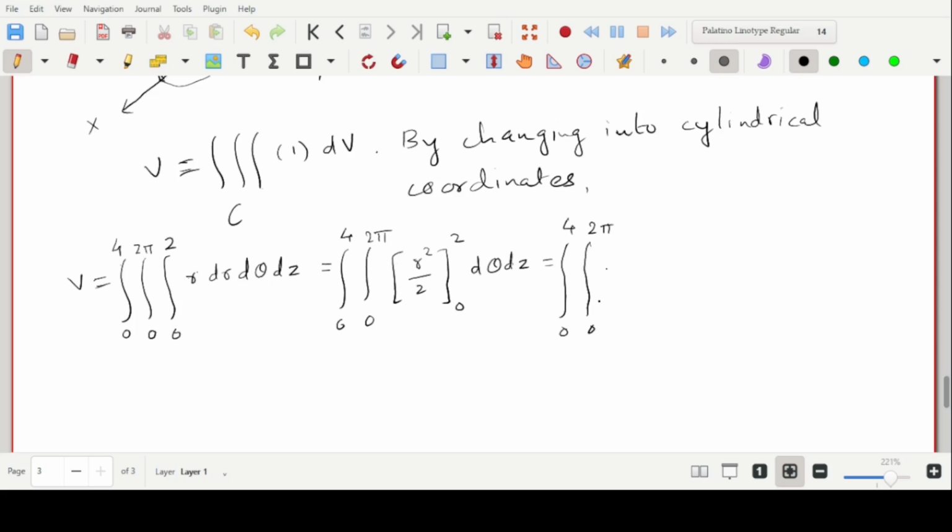So this is 2 multiplied by 2 pi. Let us take a shortcut, directly write this as 2 multiplied by 2 pi multiplied by dz. So this is 4 pi times the integral of dz, which is z from 0 to 4, which is 4, so 16 pi.